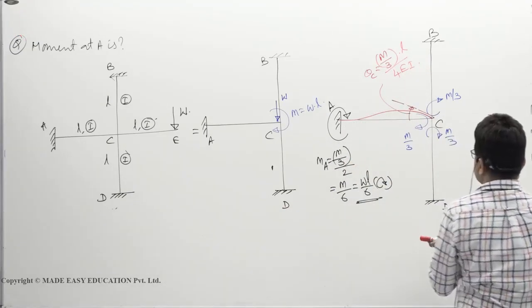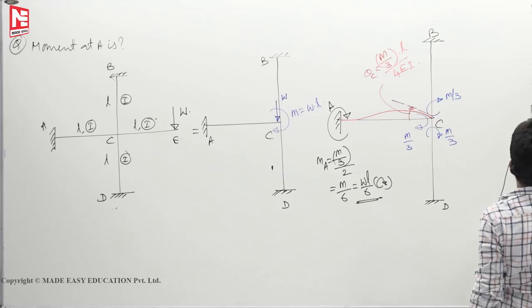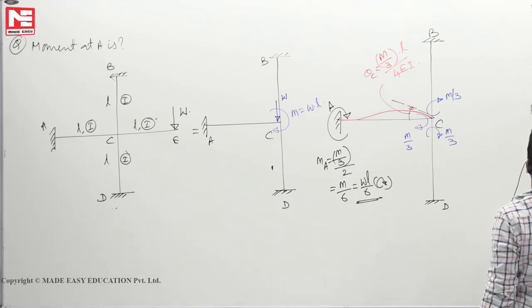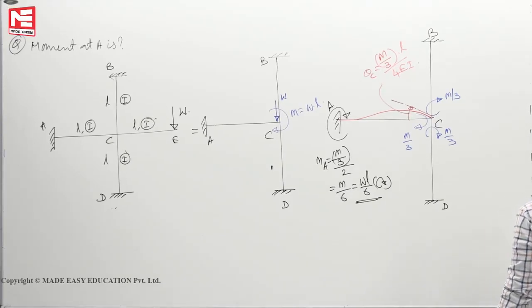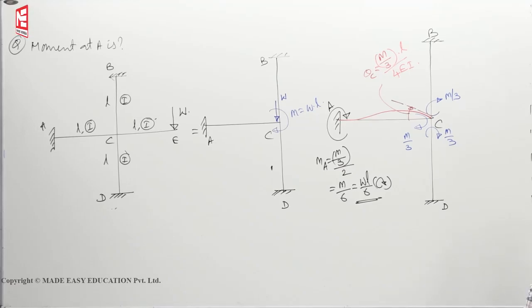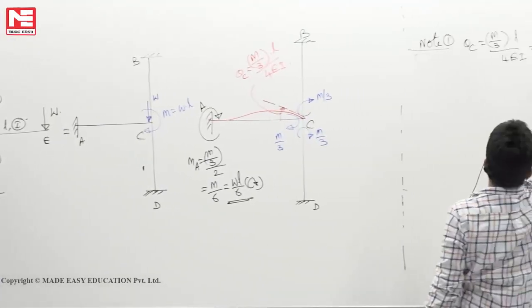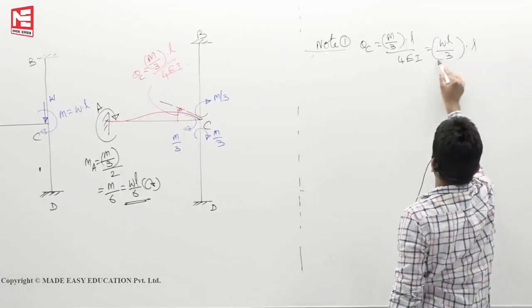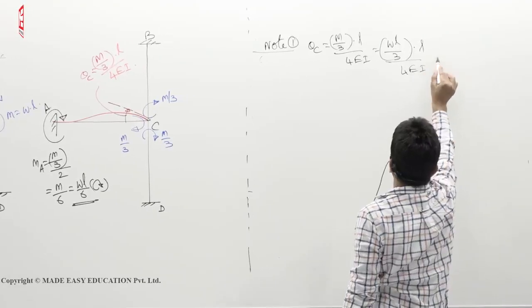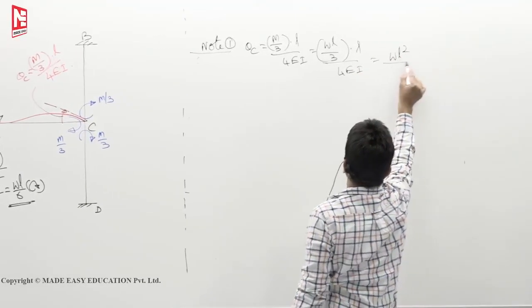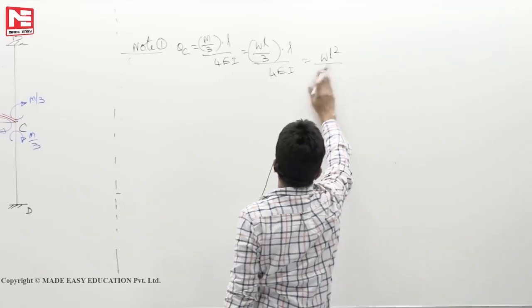See here, note 1: theta C is equal to M by 3 into L by 4EI, where M means WL, so WL by 3 into L by 4EI. So if they ask you the slope at C, WL square by 12EI is what you have to answer.